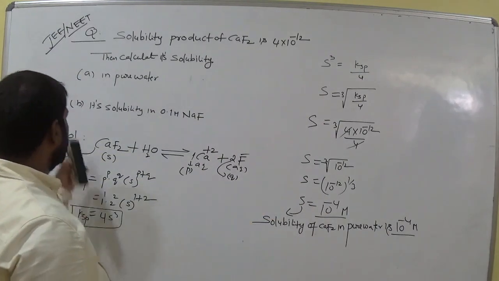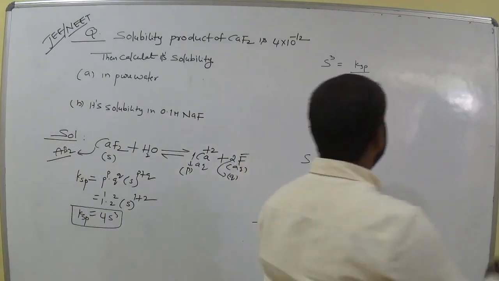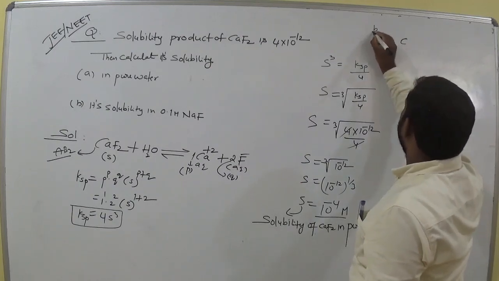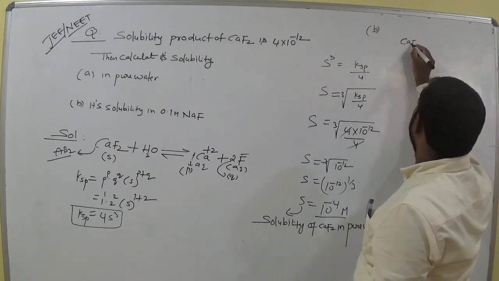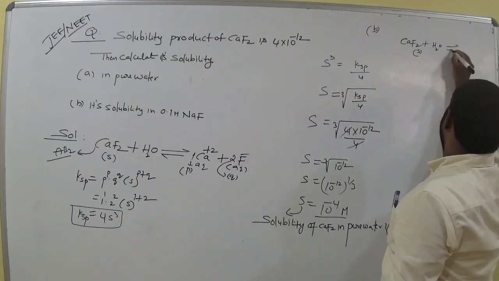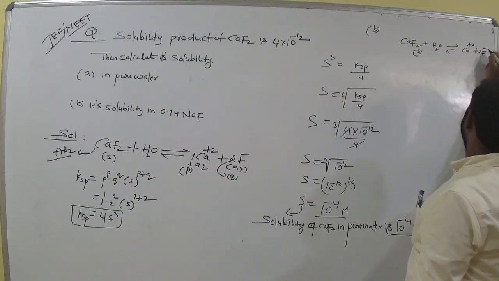Okay, now come to B, its solubility in 0.1 molar NaF. So what is the equation? Solution for B: CaF2 when dissolved in water gives Ca2+ and 2F minus, am I right?